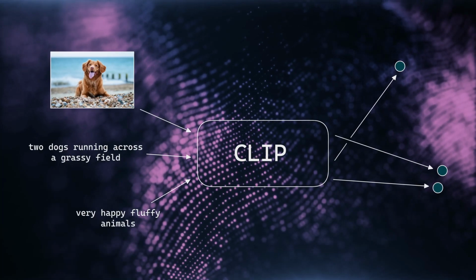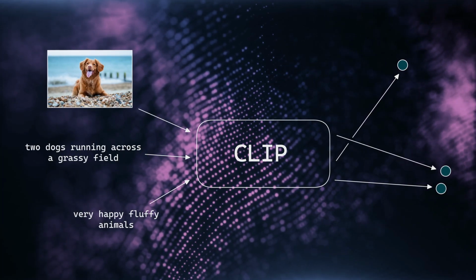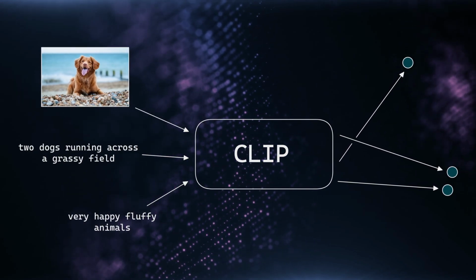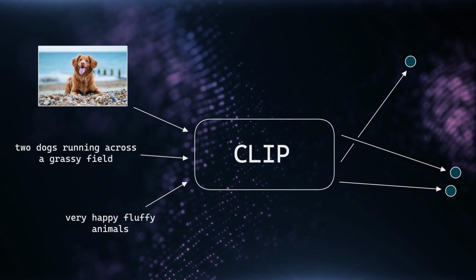Then if you compare that text to an image also encoded with CLIP, what you should find is that text and images that are more similar are closer together. So now imagine we have our images from an image classification dataset, and then for the text, we feed in the class labels for that classification task.